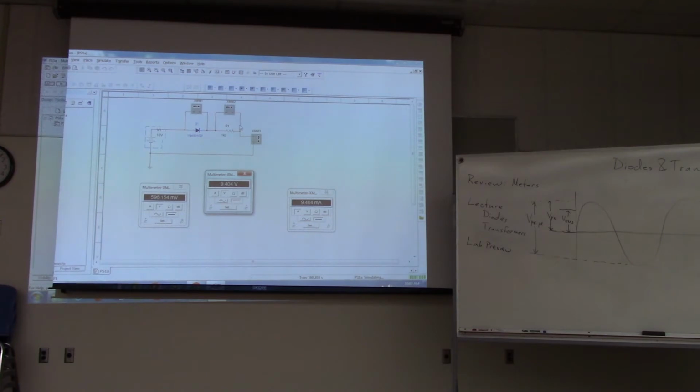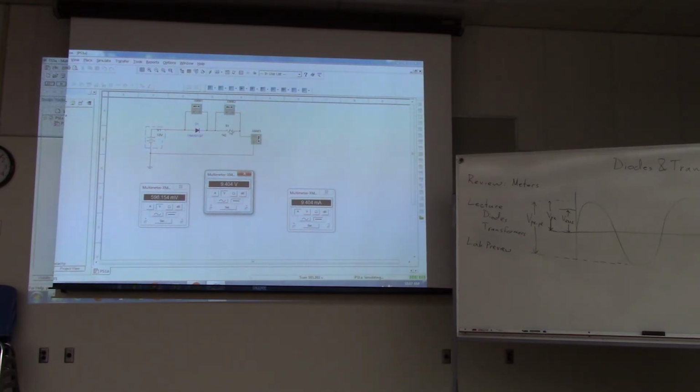Okay. Other questions? Yeah, so exactly. We know that we have 9.4 volts across the 1,000 ohm resistor, and since we know that, we can use Ohm's law and figure out the current.